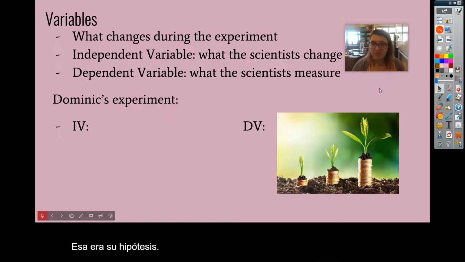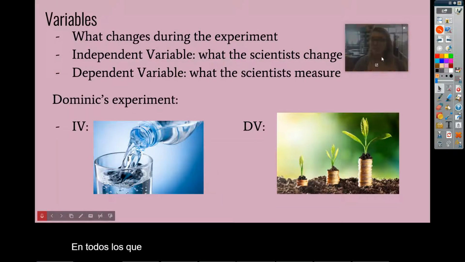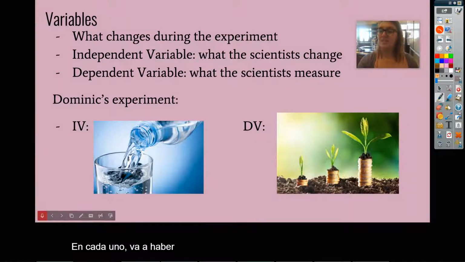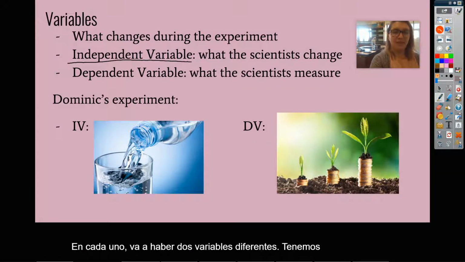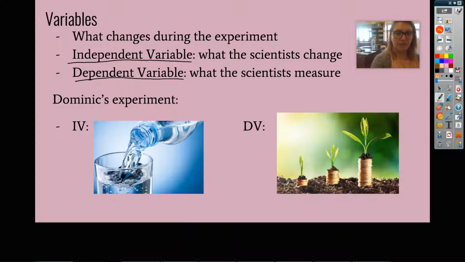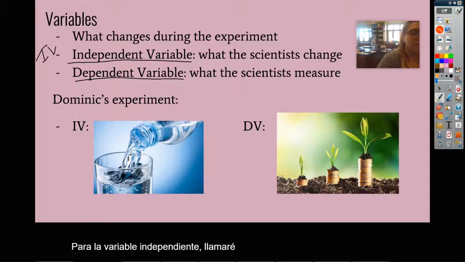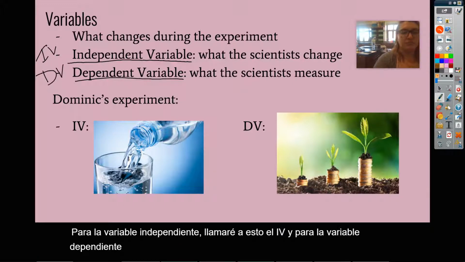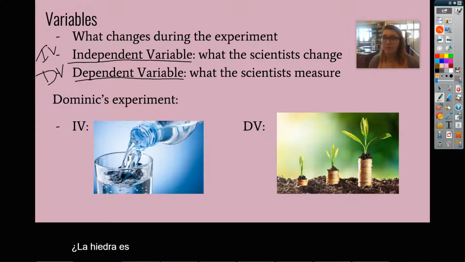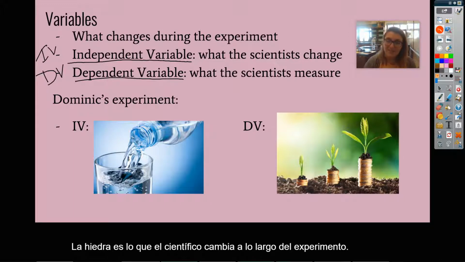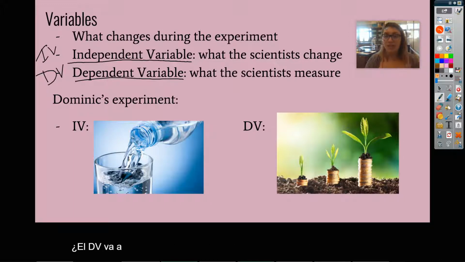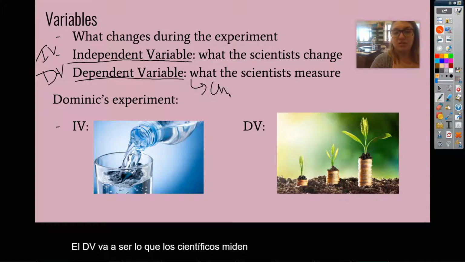In every experiment, there's going to be 2 different variables. We have the independent variable and the dependent variable. For the independent variable, I will call this the IV. And for the dependent variable, you'll see it called DV. The IV is what the scientists change throughout the experiment. The DV is going to be what the scientists measure, and it's going to change because of the IV.